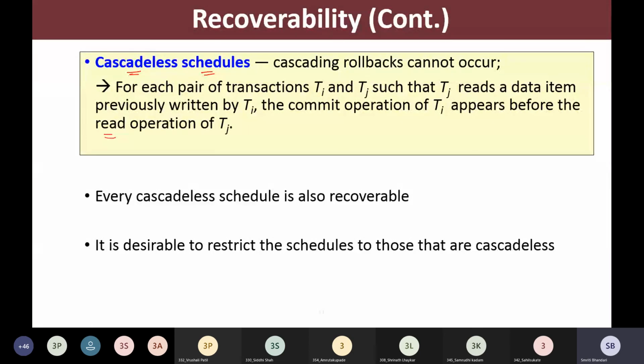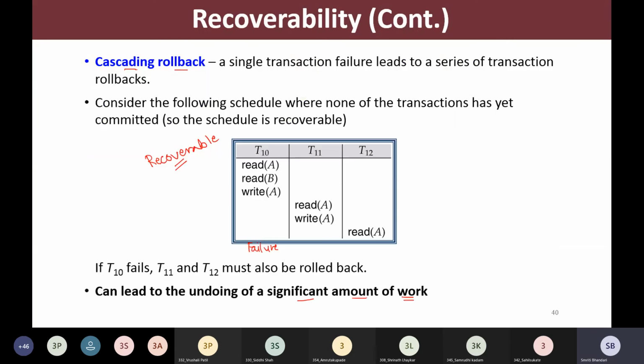If we want cascadeless schedules, we modify this condition: if Tj is reading the data item previously written by Ti, then the commit operation of Ti must appear before the read operation of Tj.